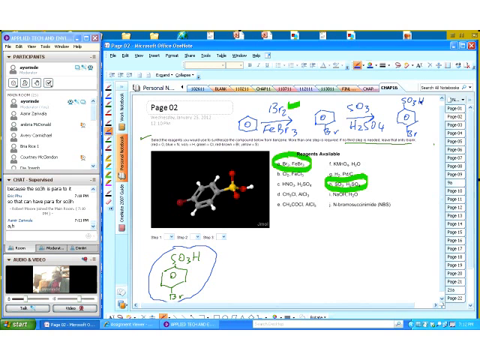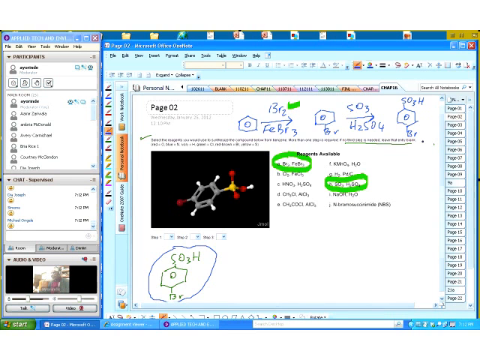So, in this particular instance, the correct sequence will be bromination followed by sulfonation. Okay, is that clear to all of you? Okay, very good. If it is clear, give me a happy face. Okay, a lot of happy faces here.